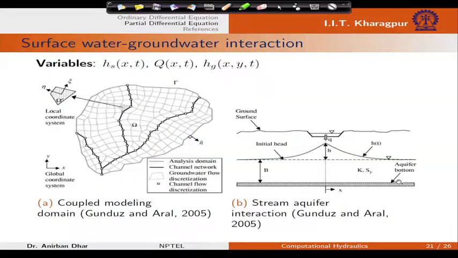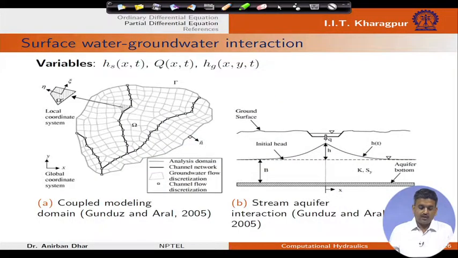Surface water groundwater interaction. Again, for this case we need to define the interaction mechanism between the channel flow and our groundwater system.